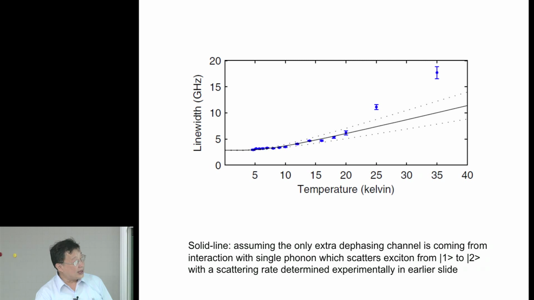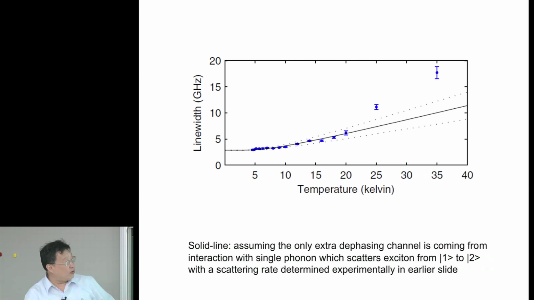What I plot here with the solid line assumes all the extra dephasing only comes from the acoustic phonon scattering with this exciton. Since we know exactly what the coupling coefficient is, we determine this kappa coupling coefficient. And we know the population using the Bose-Einstein distribution, so we know what the phonon population is.